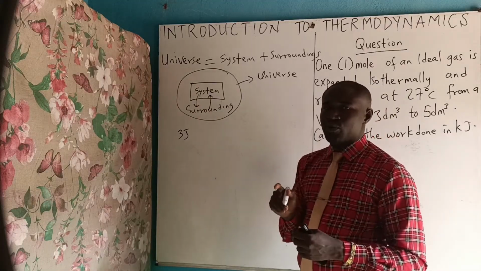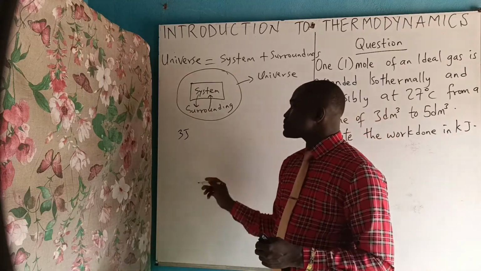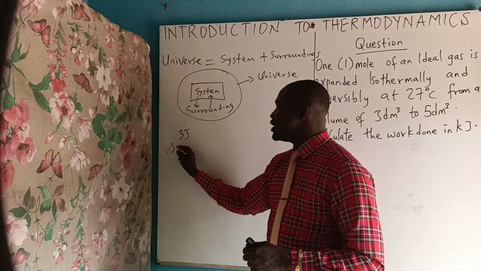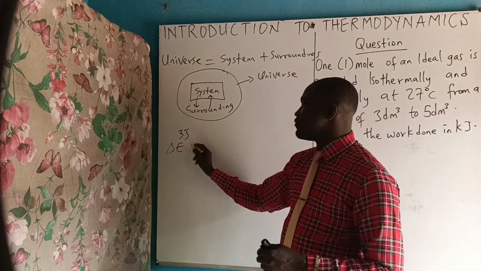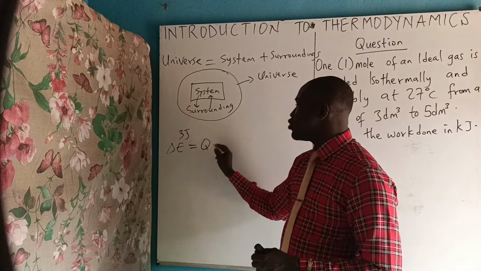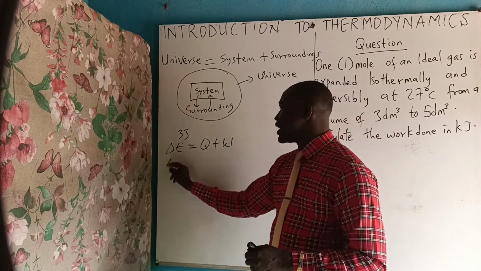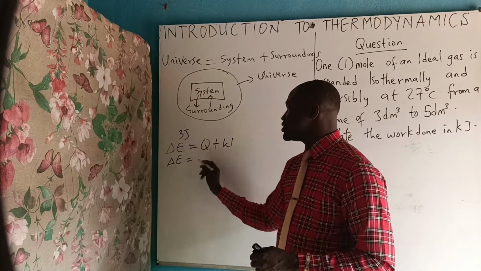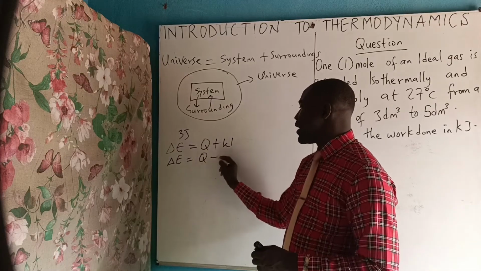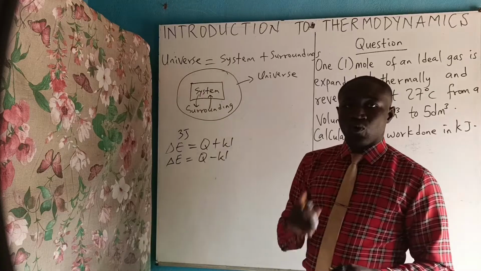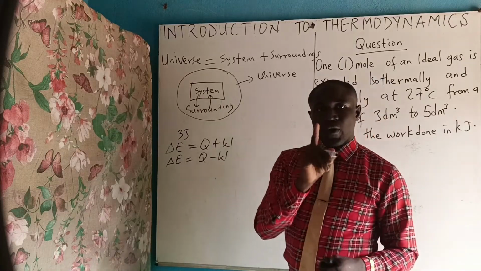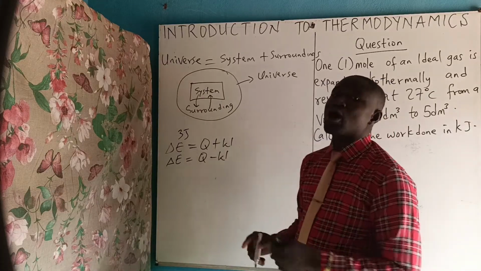In some textbooks, you will notice that we are told that change in the internal energy of a system is equal to Q plus W. Whereas in some textbooks, you will notice that change in internal energy is equal to Q minus W. Question is, which of these is correct? Both are correct.